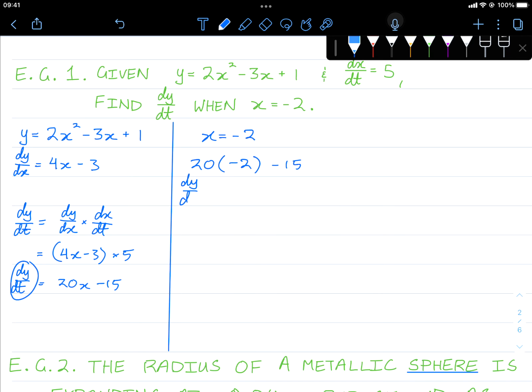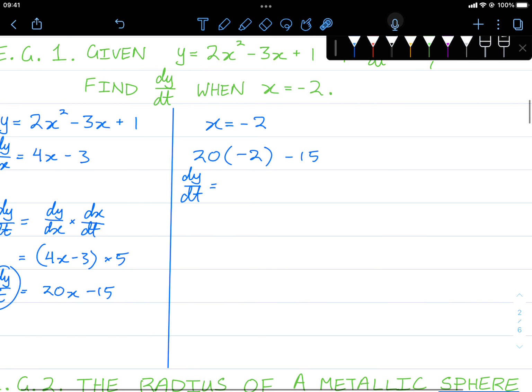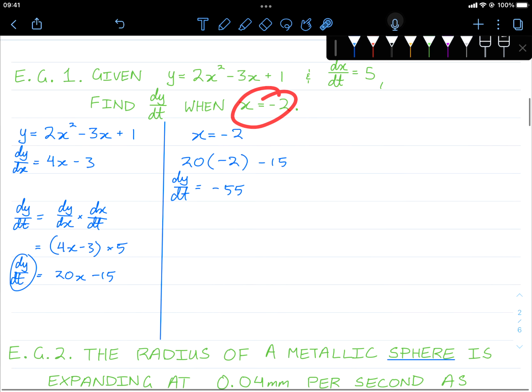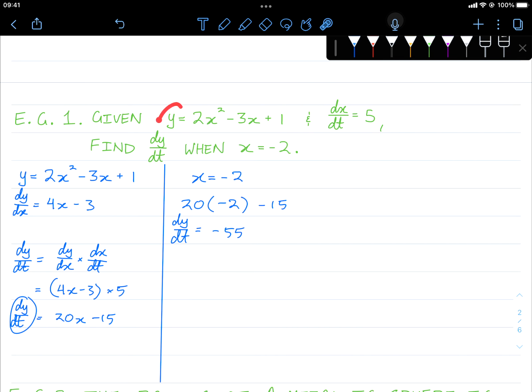That's dy/dt equaling -40 minus 15, which is -55. So when x equals -2, the rate of change of y against time is -55 something per second.